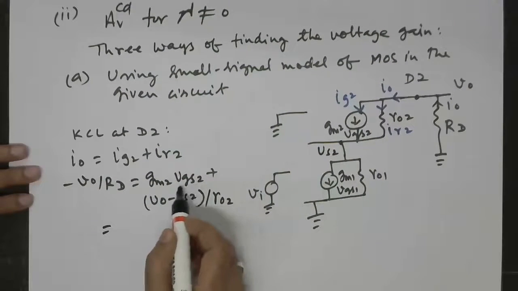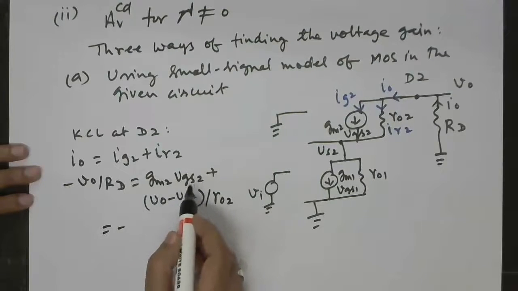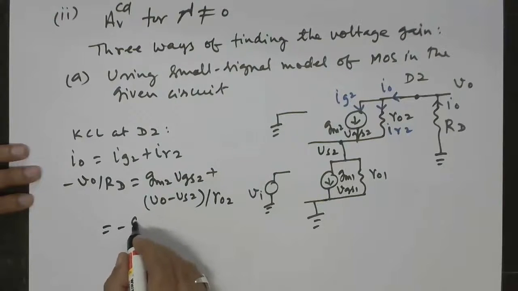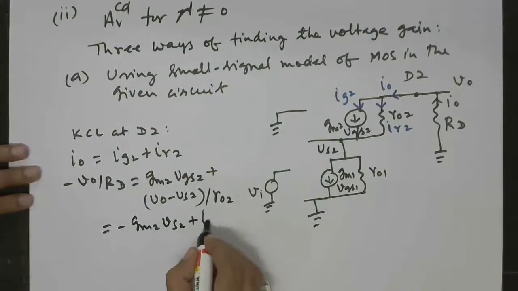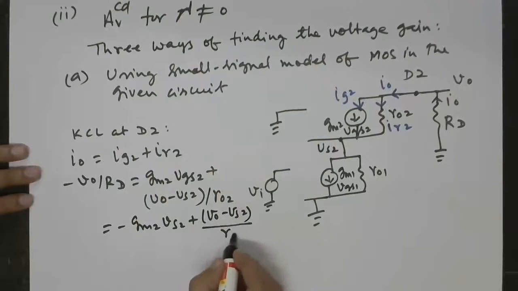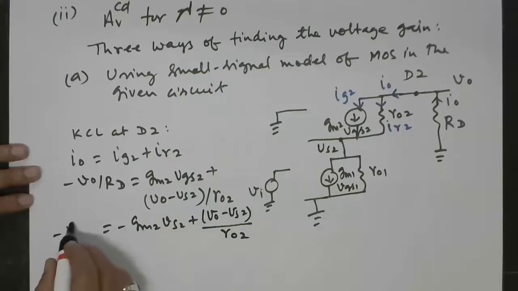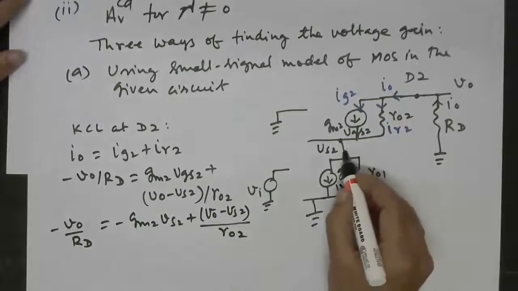So this becomes, VGS2 becomes minus VS2, GM2 VS2 plus VO minus VS2 divided by RO2. VO by RD. So here we have unknown VS2, this voltage.